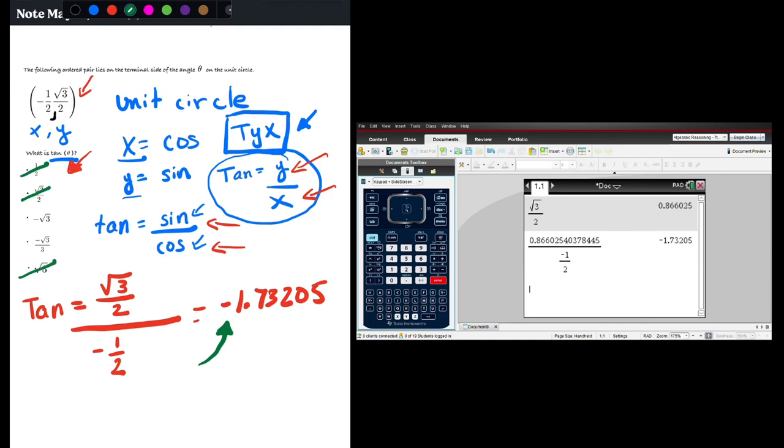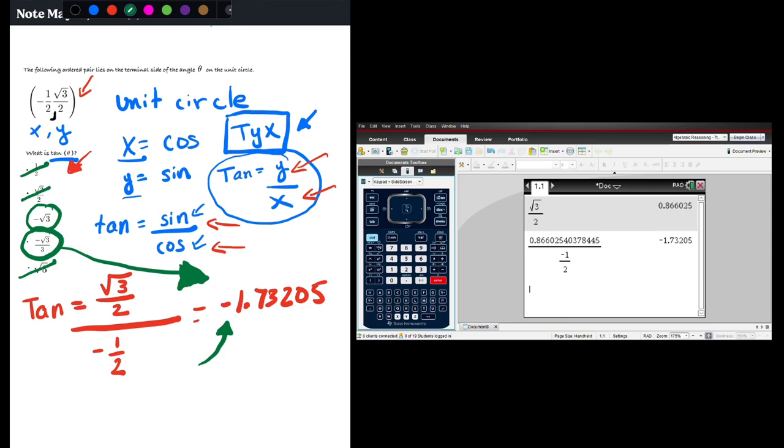Now this is again my test taking strategies. What I'm going to do is type in my 2 answer choices left that are negative, and type in each one of those to see which one gives me the same exact value, okay? This is a little hack. This is how you can double check your work. This is a different strategy, okay?